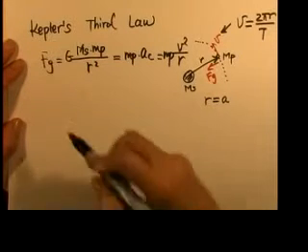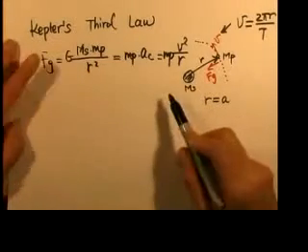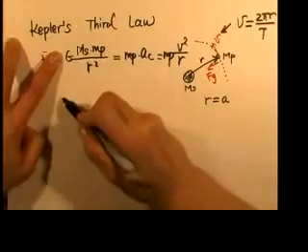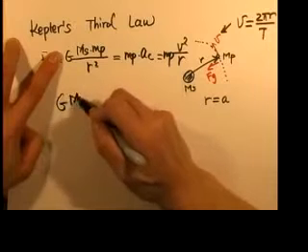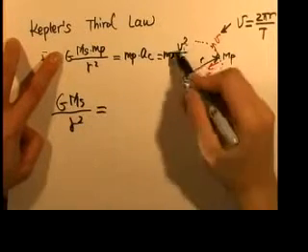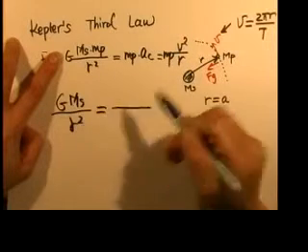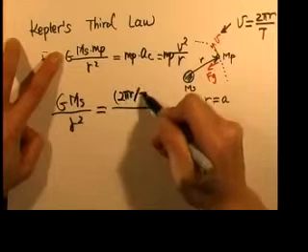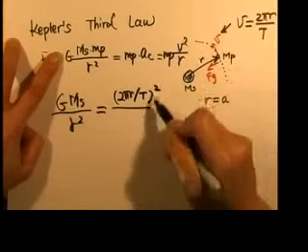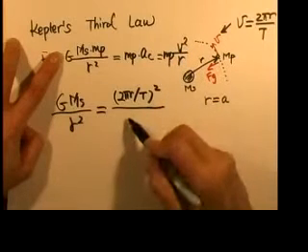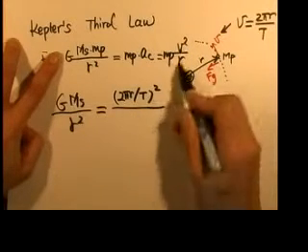If we look at this equation, the mass of the planet simply cancels. We have capital G, mass of the Sun, over r squared equals, on the other side, v squared over r. v can be replaced by 2 pi r divided by the period. v is squared right here because centripetal acceleration is v squared over r, and divided by this little r.